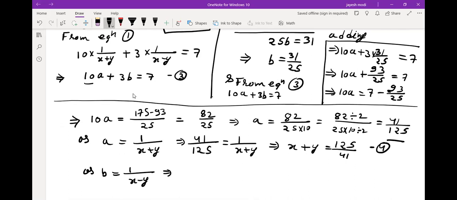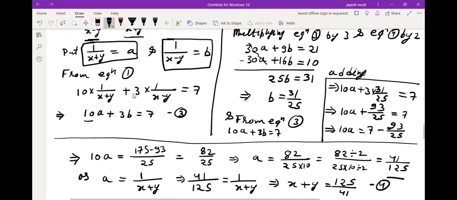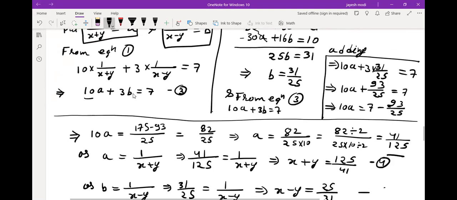B is calculated as 31 by 25. 1 upon X minus Y, it implies X minus Y equals 25 by 31, which is equation number 5, and 4 is already there. So this is 5 and this is 6.